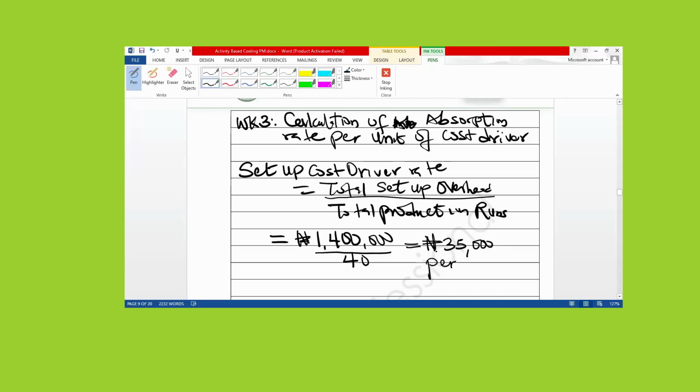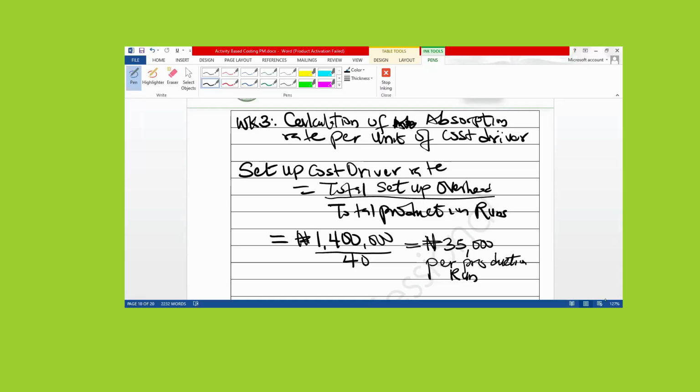Production run. There must be a basis. The overhead is calculated on that basis: setup overhead is to be allocated on the basis of production run.